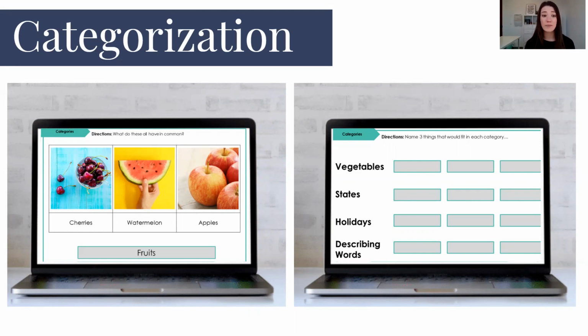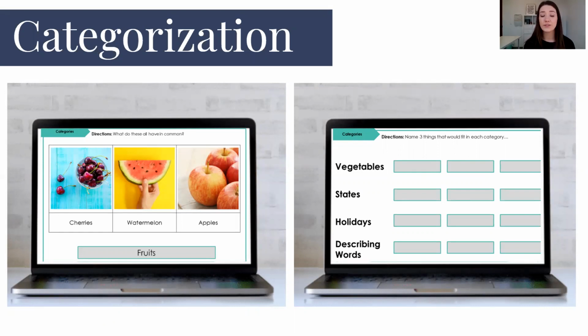Now, some students may say they're all things or they're all foods, and they're not wrong, but we need them to be able to get to that smallest or most specific category. Yes, they're all foods, but even more specific than that, they are all fruits.